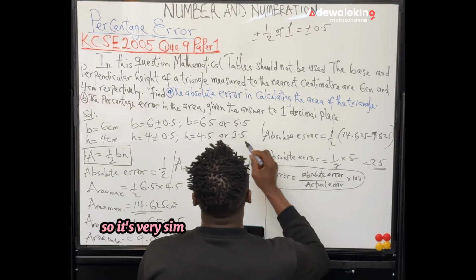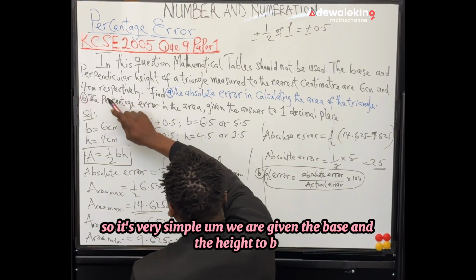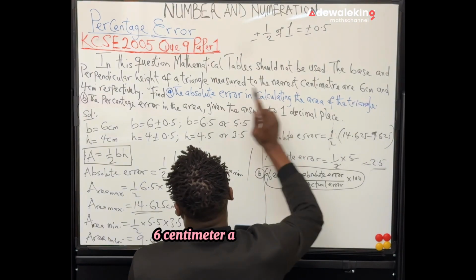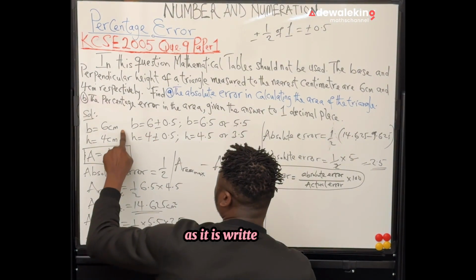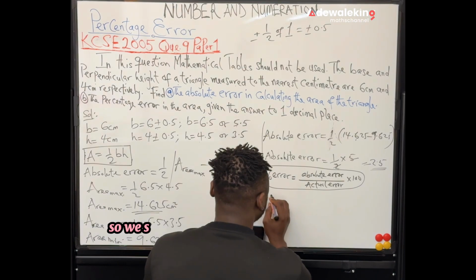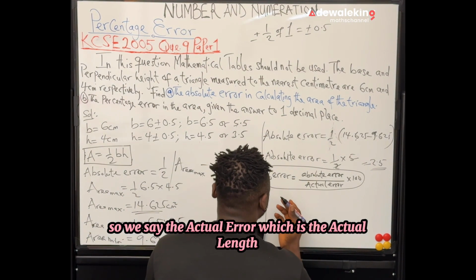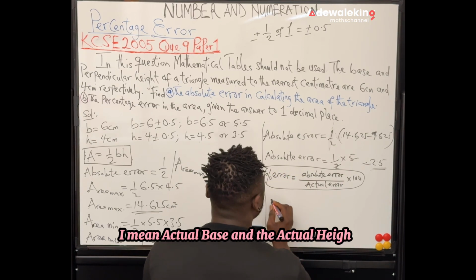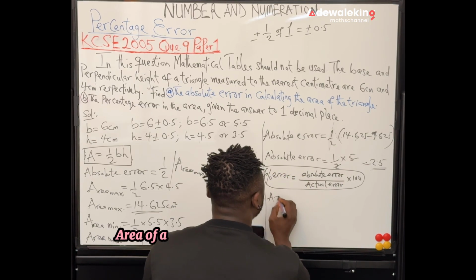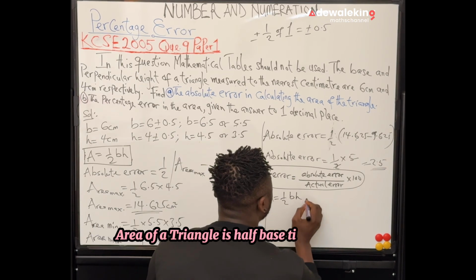So it's very simple. We are given the base and the height to be 6 centimeters and 4 centimeters, as it is written here. So the actual base and the actual height are 6 centimeters and 4 centimeters, and not these, because these are the errors in the base and the height. The area of a triangle is half base times height.